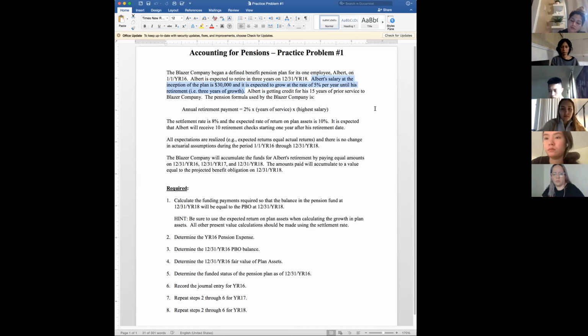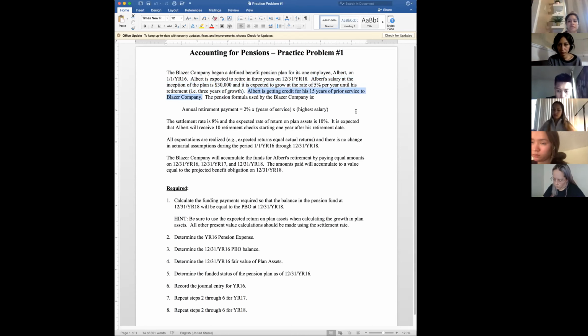Albert is getting credit for his 15 years of prior service to Blazer Company. So right here, it explains that the company is adopting this defined benefit plan as of 1/1/16. At this time, since Albert has already worked for the company for 15 years, the company decided to give him his prior service cost based on his past 15 years of service, even if during that time the company did not have any pension plan.